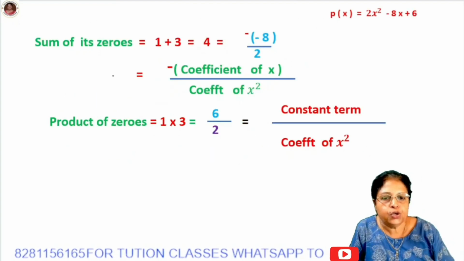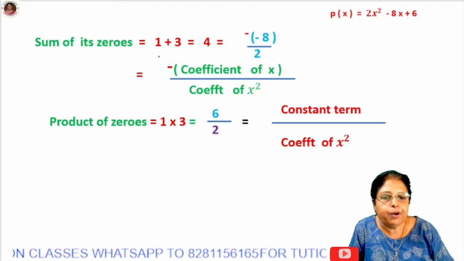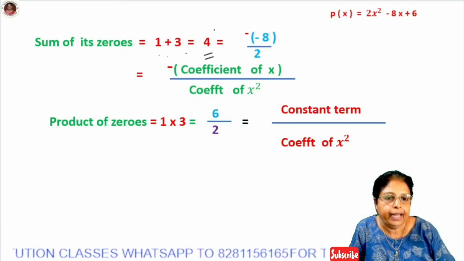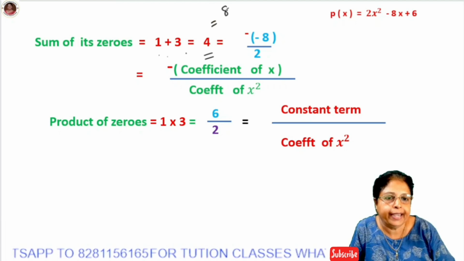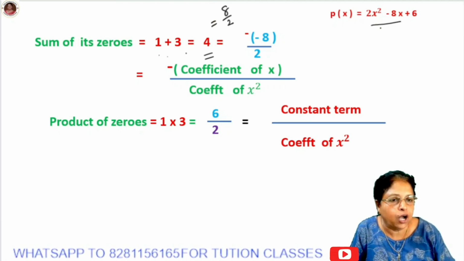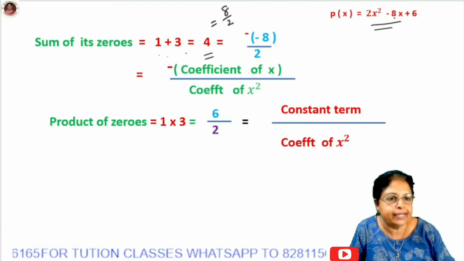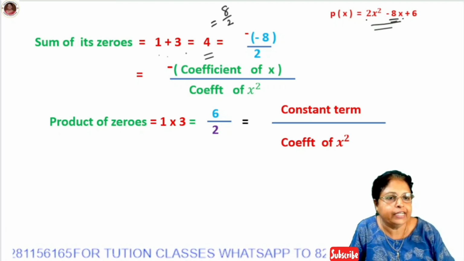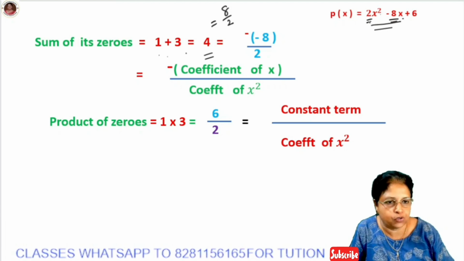Okay. So here we can see sum of the zeros is 1 plus 3, that is equal to 4. And 4 equal to 8 upon 2. And observing the coefficients here, we can see minus 8 is the coefficient of x and 2 is the coefficient of x square.